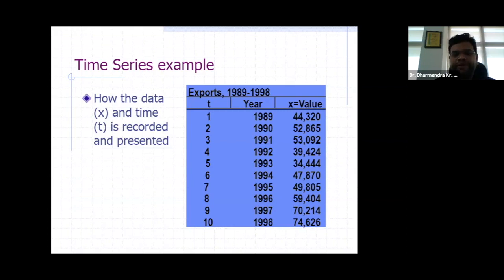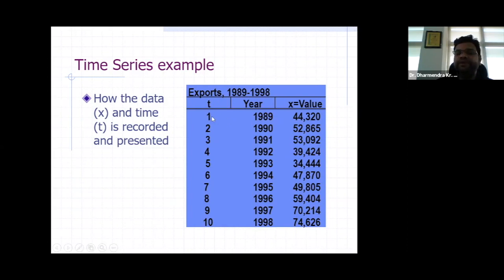This is an example of time series data, which is export data. It means at different time points, from 1989 to 1998, we have 10 years of export data. It is obviously a time series data, because it is data from different time points.